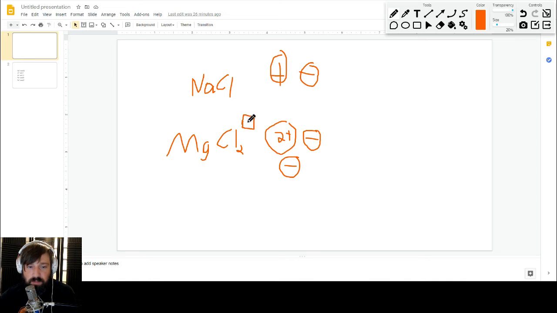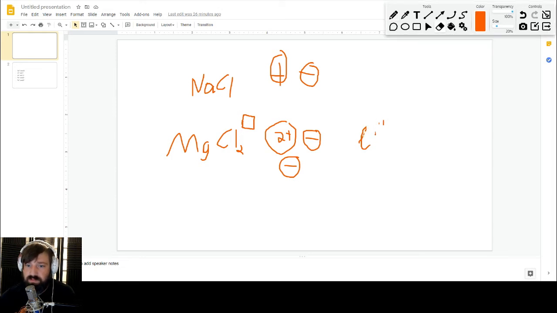You remember, like, if I did oxygen 2 minus, this is an ion. You know this is an ion because this number up here is 2 minus. Same thing with a chemical formula.